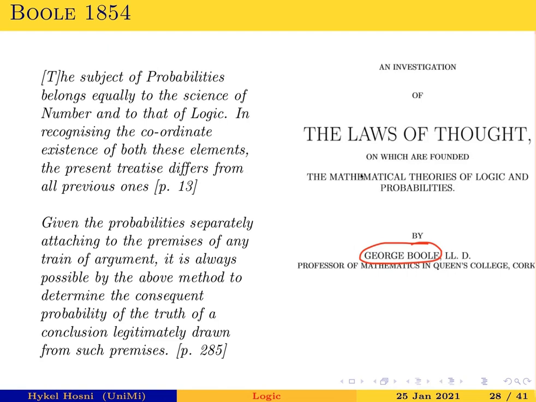And in the introduction to the fundamental book in logic, known as the Laws of Thought, he adds a very important subtitle, which people very often neglect, which is the following: on which are found the mathematical theories of logic and probabilities. So, to Boole, logic and probability are just two chapters of the same thing.